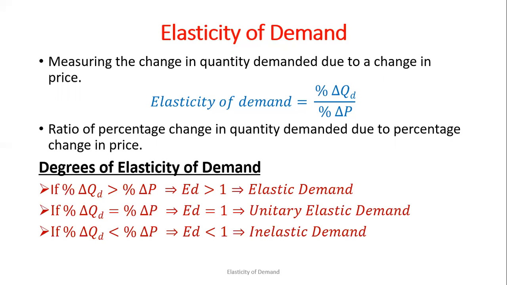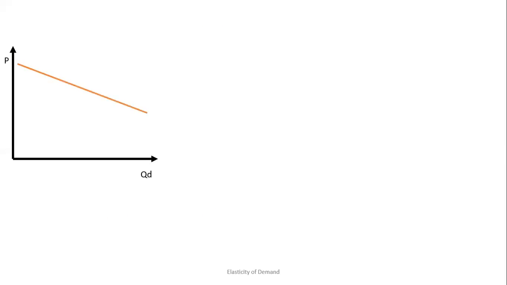Now let's observe these cases on a graph. Here we assume a demand curve. Let's take a point and join it with both axes. This gives us the initial price and initial quantity.